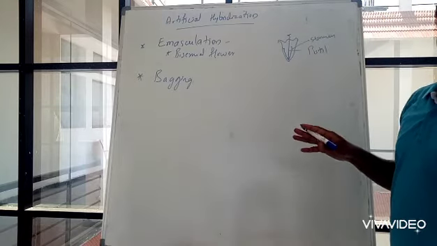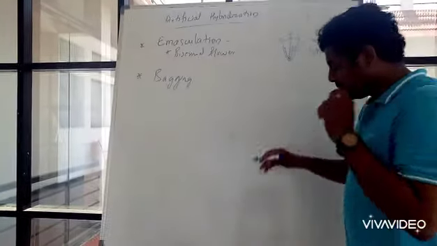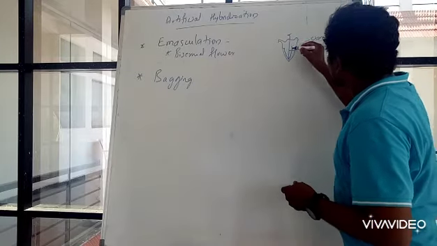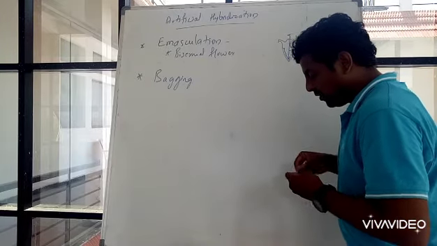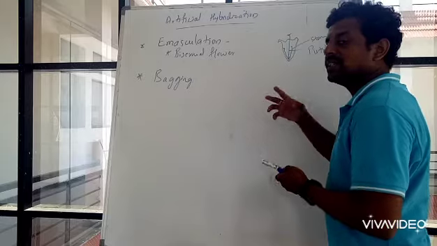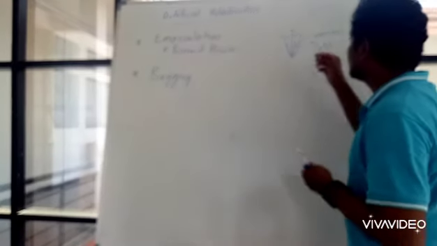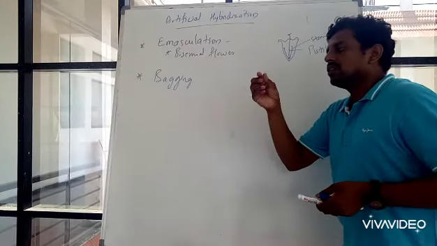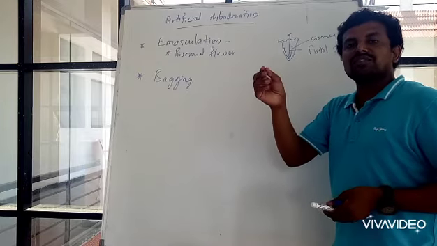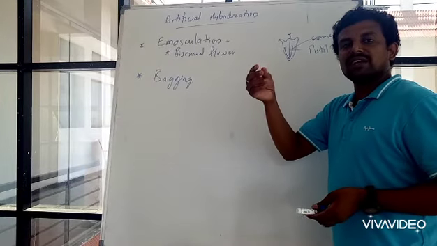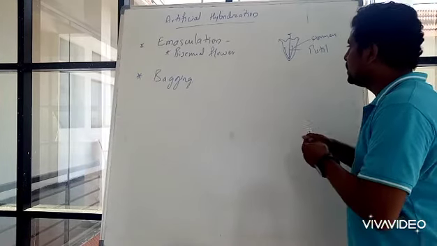In emasculation, we generally cut these stamens with the help of forceps. Forceps is a cutter; in Kannada we call forceps chimta.